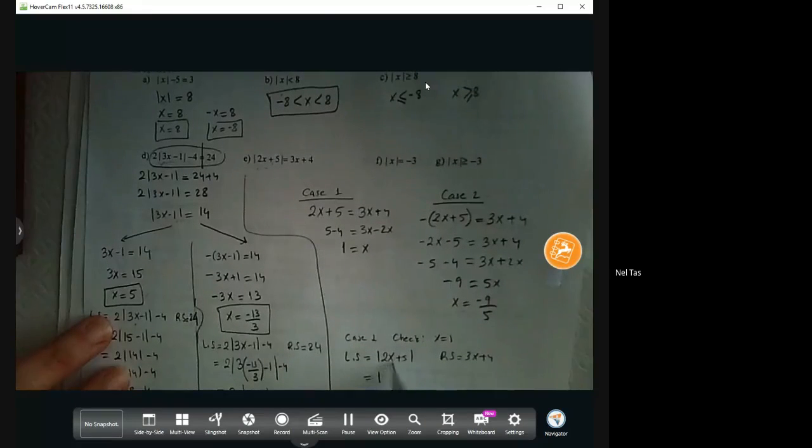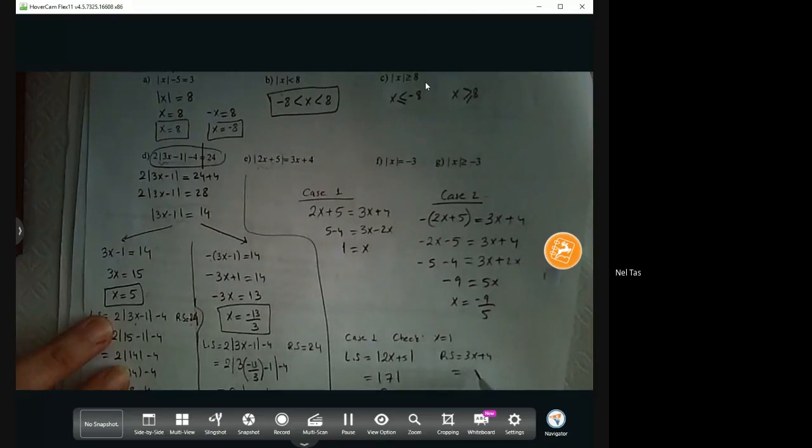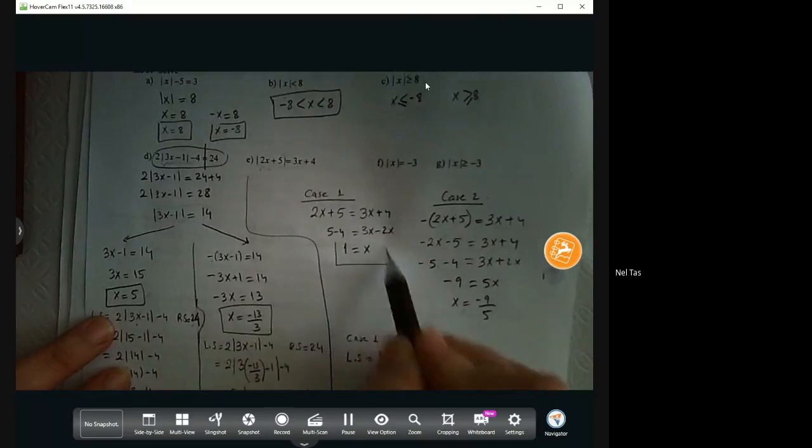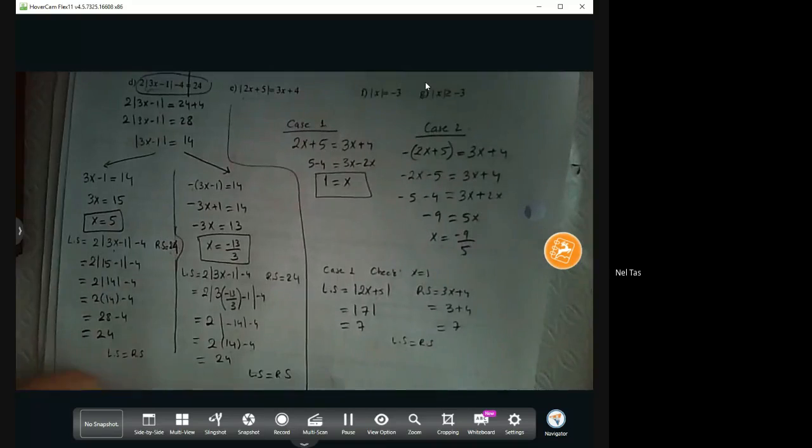So you get 2 times 1 plus 5, 7. The left side is 7. Right side, 3 times 1 is 3, plus 4, so you get 7. Left side equals right side. x equals 1 is a good solution. So let's do the check for case 2.